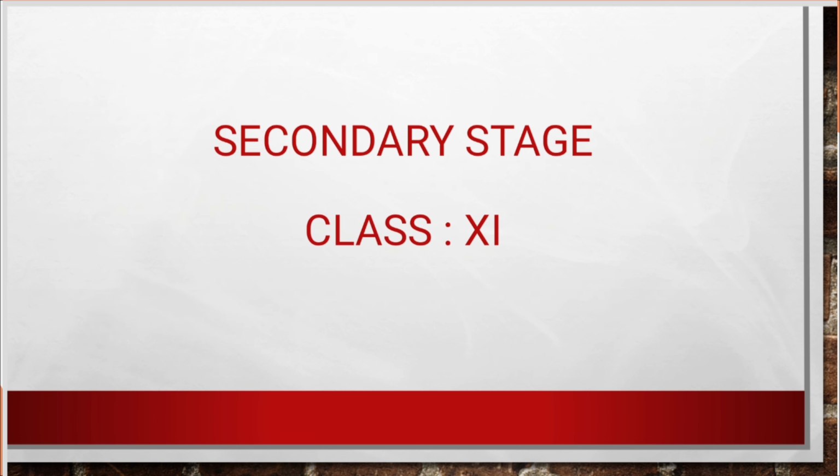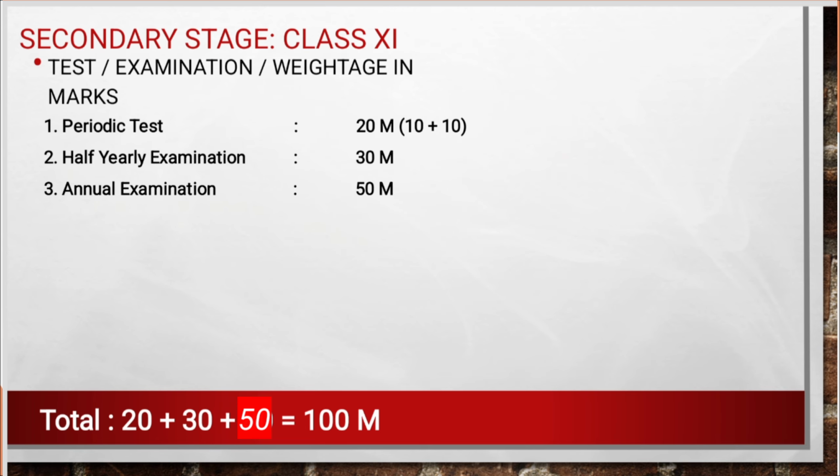Now let's see the assessment and evaluation pattern for class 11. For class 11, there will be periodic tests for 20 marks. There will be 2 periodic tests, one in term 1 and another in term 2. Then half yearly has weightage of 30 and annual has weightage of 50. So total 20 periodic, 30 half yearly and 50 annual.